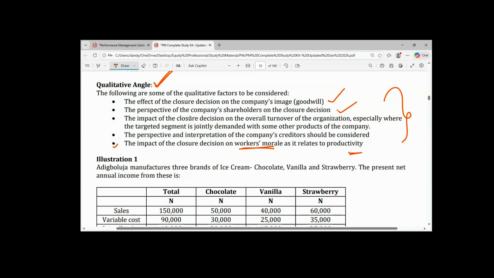Before you know it, all the media outlets will pick the story, and the name of the company will be dragged in the mud, and every responsible organization wants to avoid this kind of scenario. So these are some of the factors you need to consider in relation to deleting of a segment.